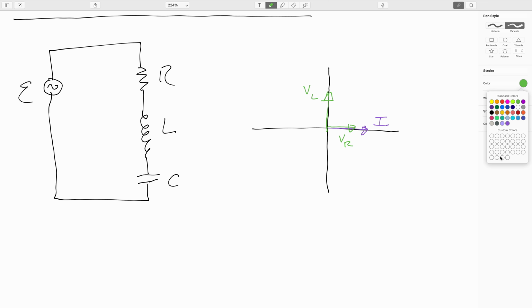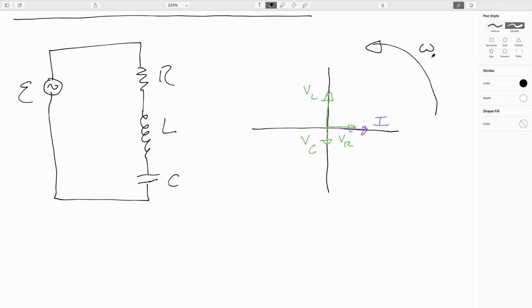And then finally, ICE. Let's draw the capacitor phasor like that. It'll be 90 degrees behind the current. And keep in mind, the whole assemblage of phasors will be rotating counterclockwise with the angular frequency omega, but I think this is probably the most useful moment to look at.